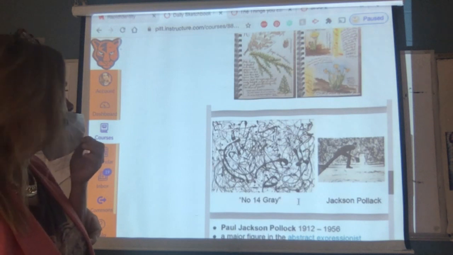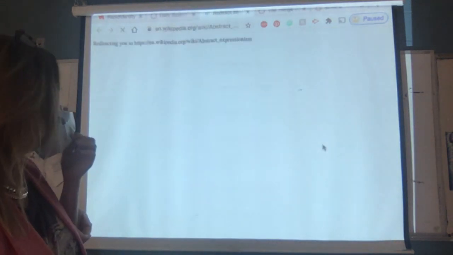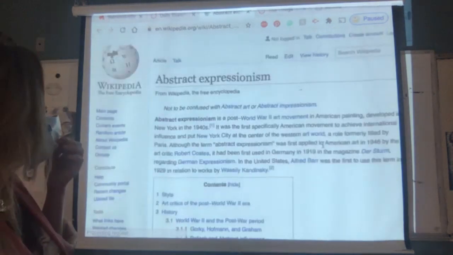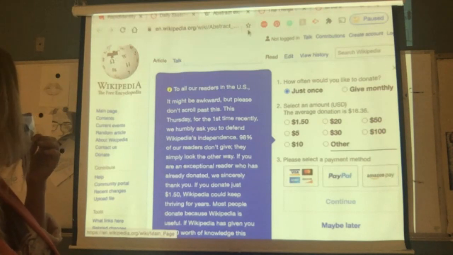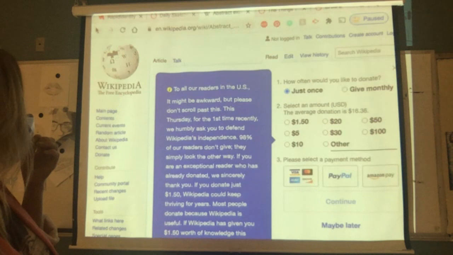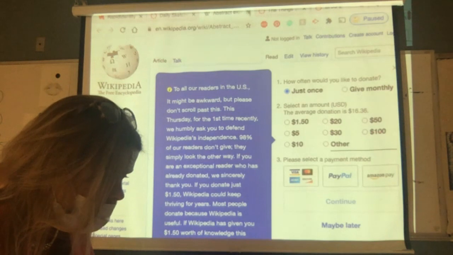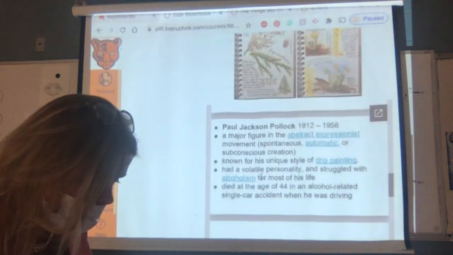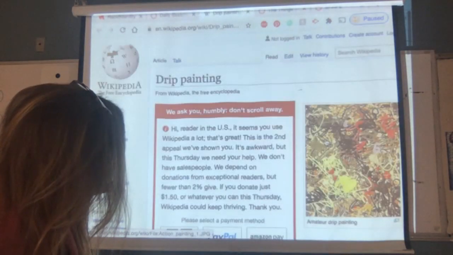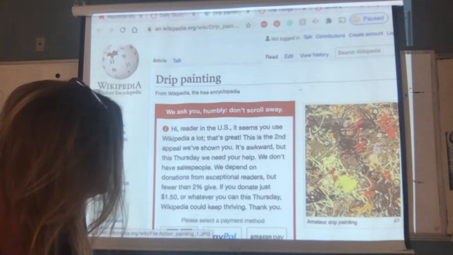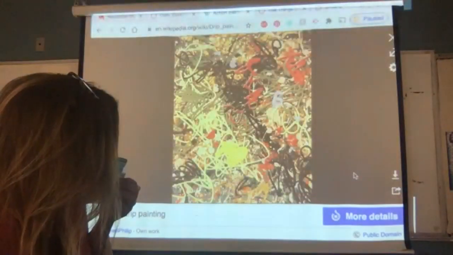You may have already been familiar with Jackson Pollock. He's an abstract expressionist painter. Nobody wants to pay for Wikipedia? I've never seen that, y'all. Look at Wikipedia wanting some money. Isn't that interesting? But here's an example of one of Pollock's drips.